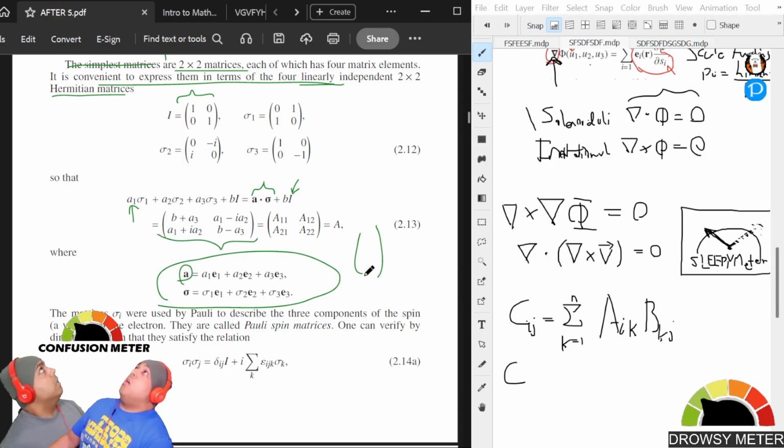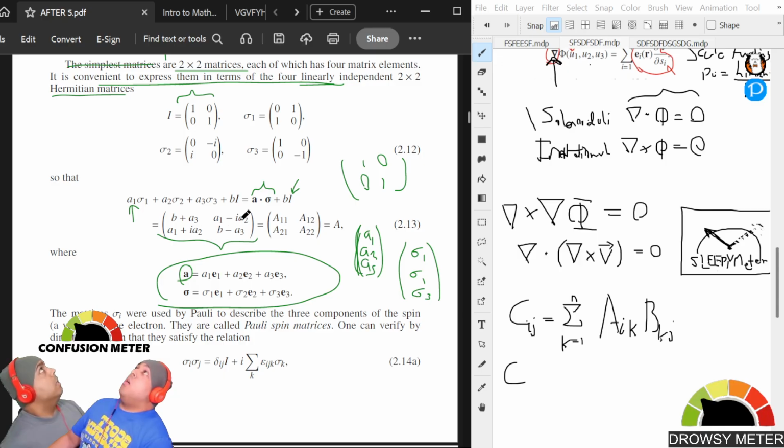To me, that just reads as a column vector. A1, A2, A3. Row is column vector. Row 1, row 2, row 3. But the thing is, I is 1001.